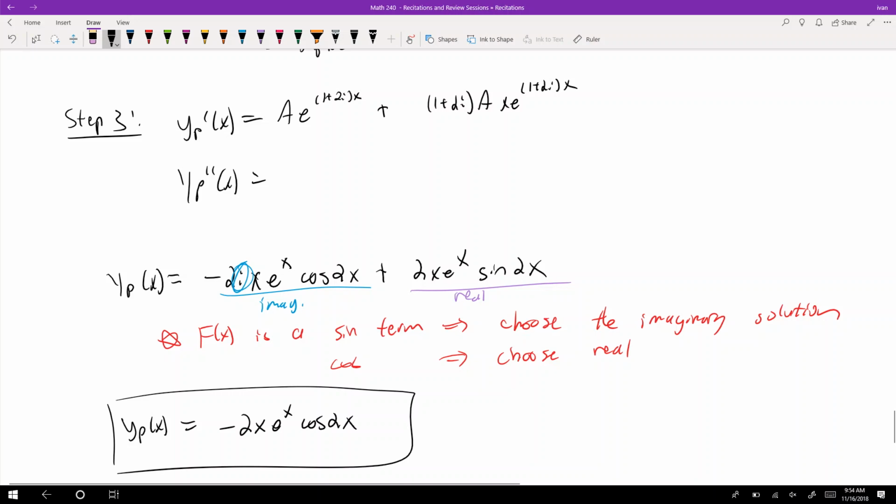Again, f of x is sine, 8 e to the x sine 2x. We choose the imaginary solution, and then we drop the i. And so we have negative 2x e to the x cosine 2x, and that's the solution that we want for a particular.